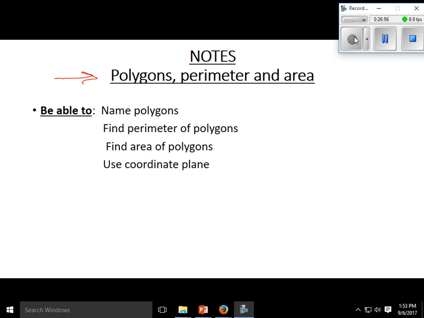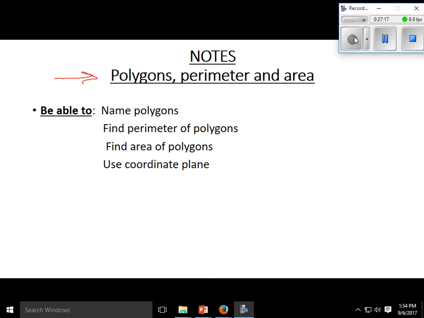Polygons, perimeter and area. That's what we're going to start covering right quickly, because I'm going to switch that here in about 5 seconds. 4, 3, get it open. 2, 1. Thanks, buddy. Write down the title.